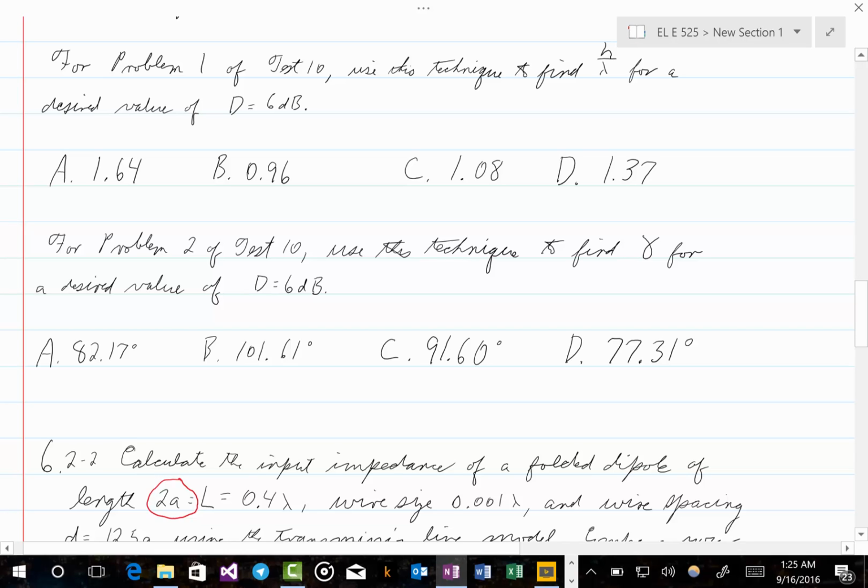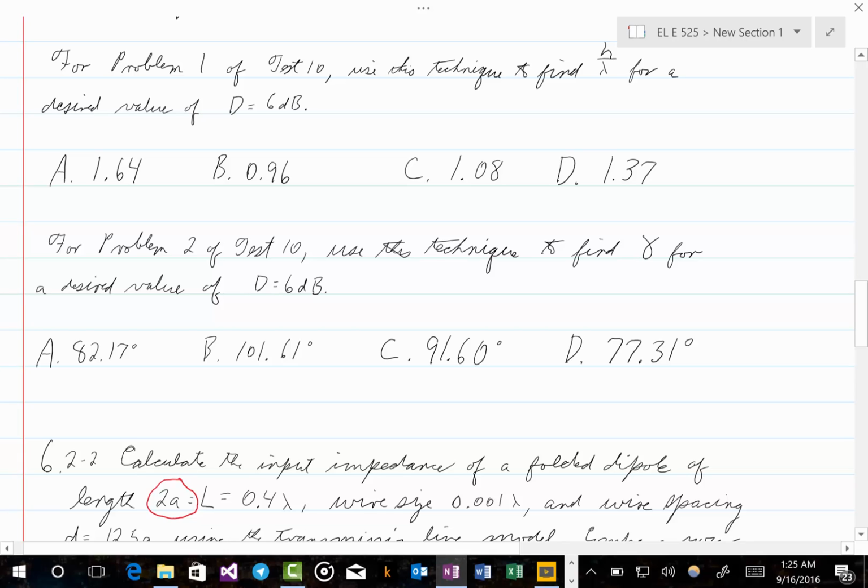And so with that desired directivity, what is the value of h over lambda? Is it A, 1.64, B, 0.96, C, 1.08, or D, 1.37? And then problem 2 of the test says, using this same technique, once you have the value of h over lambda, you should find gamma. And what is the value of gamma for this desired value of D equals 6 dB?